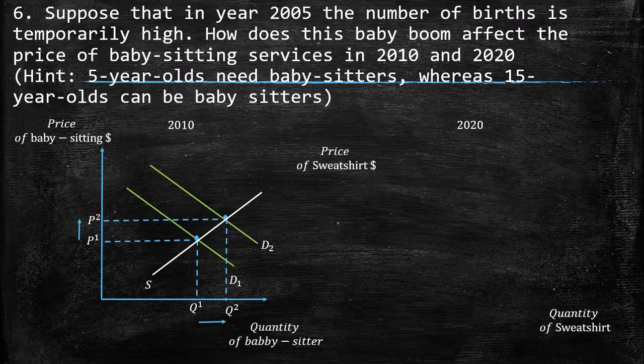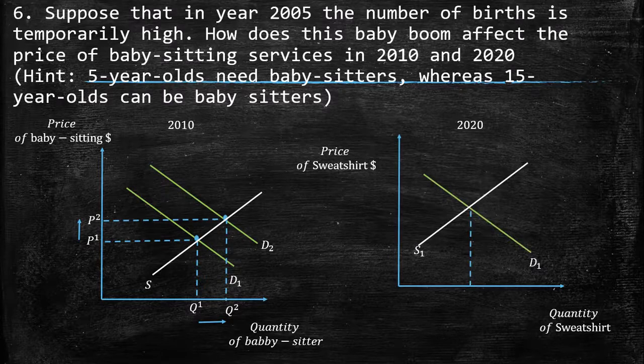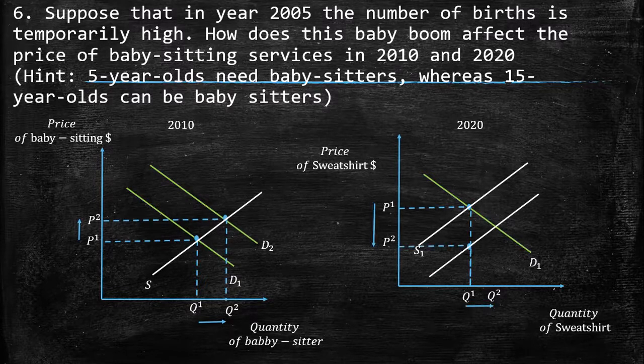In 2020, these people who were looked after before are going to look after babies afterwards. This is the initial case, but remember that they are now 15 years old, so there's going to be an increase in supply.